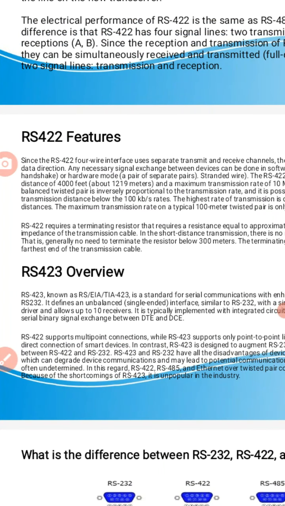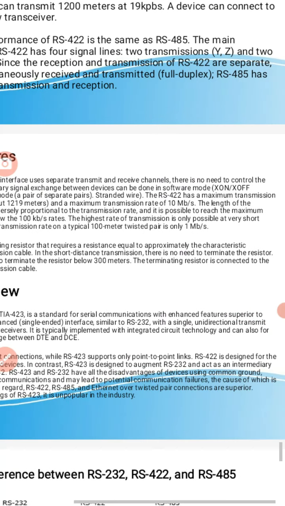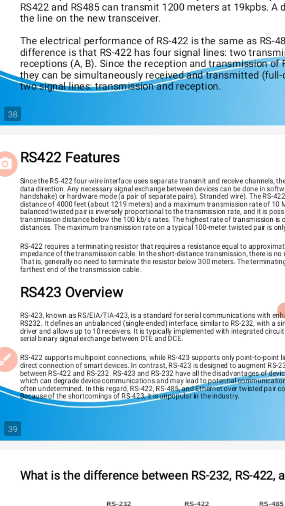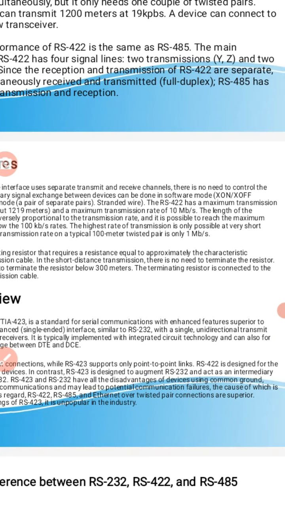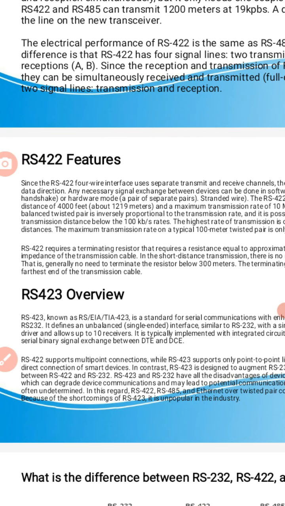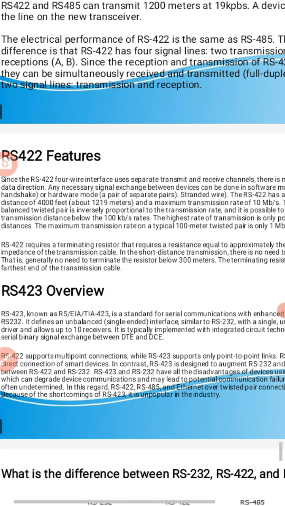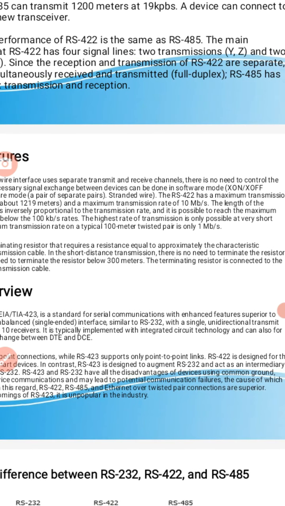Any necessary signal exchange between devices can be done in software mode, XON and XOFF handshaking, or hardware mode, where a separate pair of standard wires is available. RS422 has a maximum transmission distance of 4000 feet, or 1200 meters, and a maximum transmission rate of 10 Mbps.